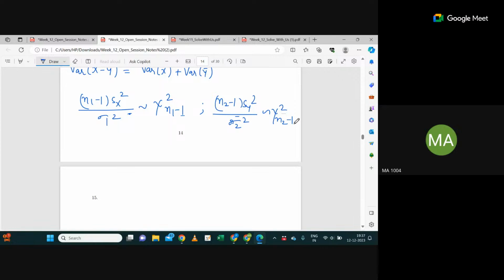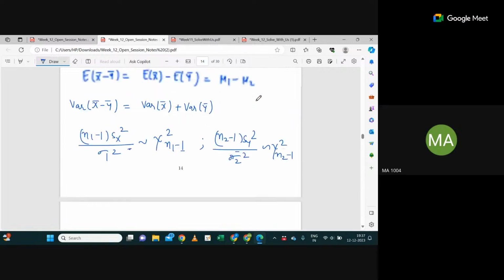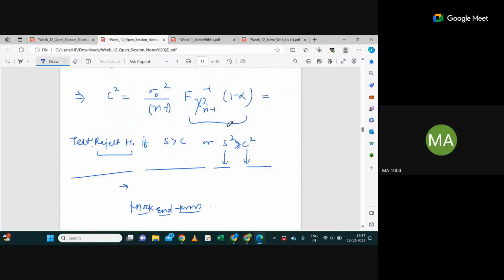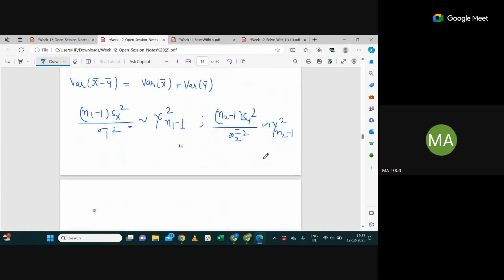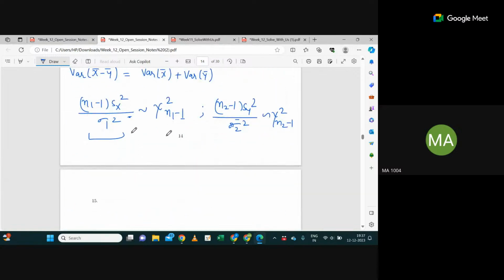Basically, for a single sample, n minus 1 times s square divided by sigma square follows chi square with n minus 1. The same thing we have done. This is for the first sample, this is for the second sample.